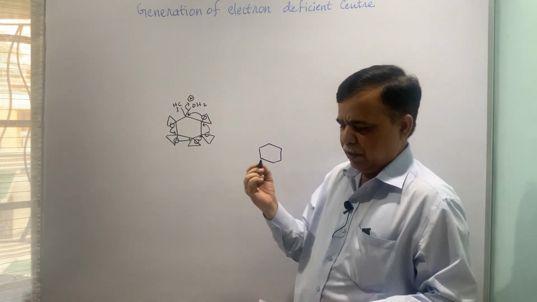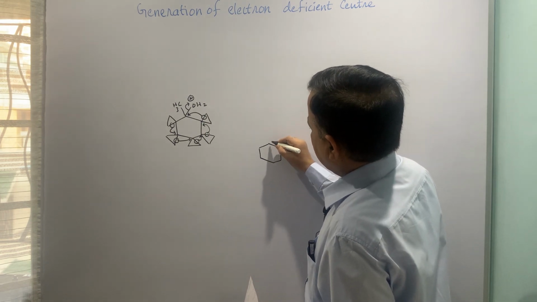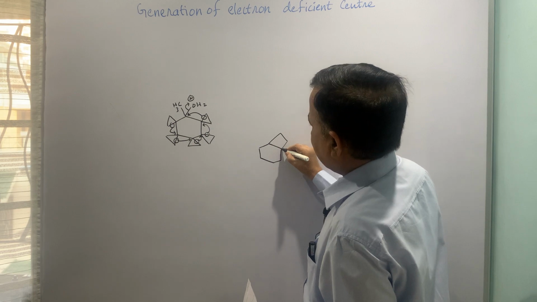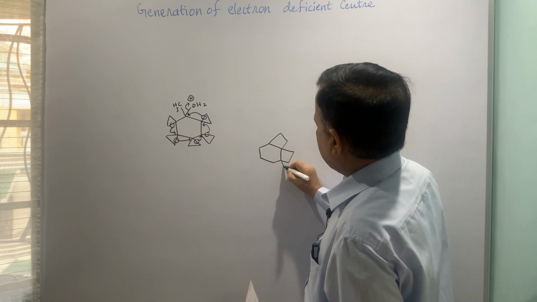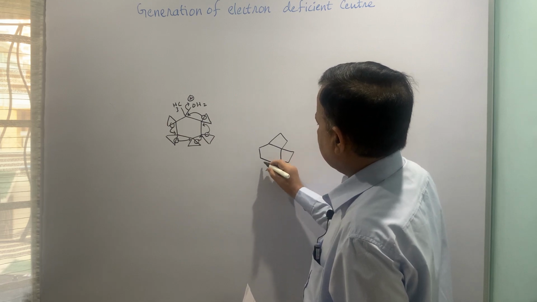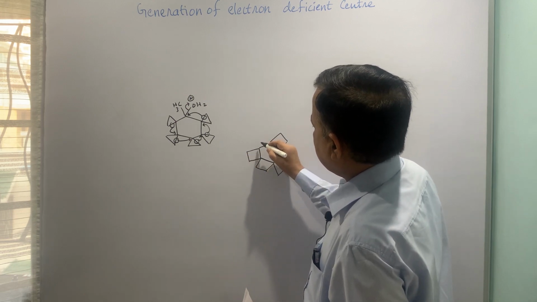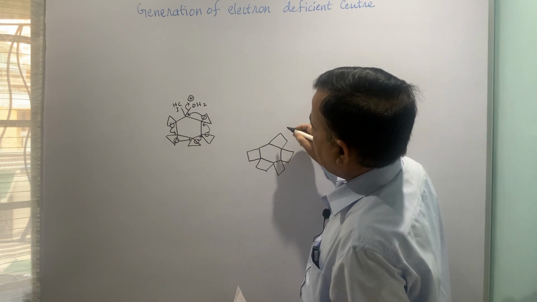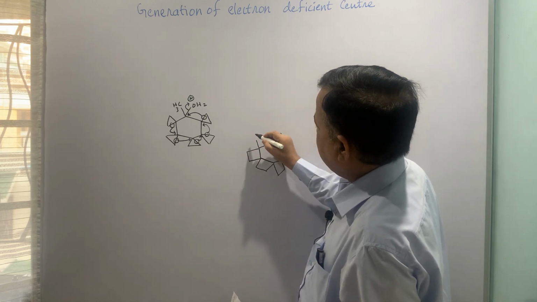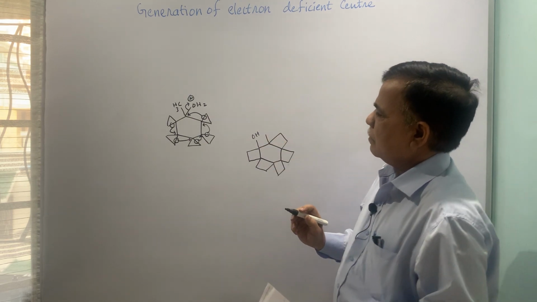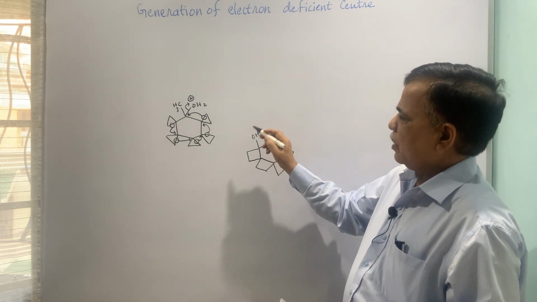And now you can show the rings. So this will become, now let me put the ring like this. This is a 4-membered ring, 4-membered ring, right? This is another 4-membered ring, 4-membered ring, and this will turn electron deficient, and methyl will be here, and when this becomes electron deficient, the OH attacks.